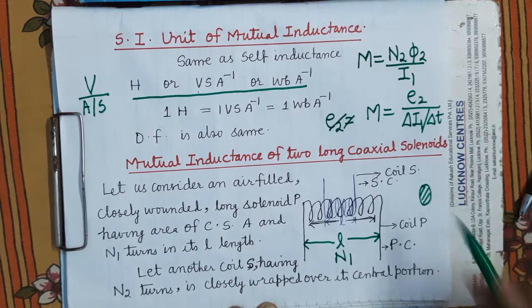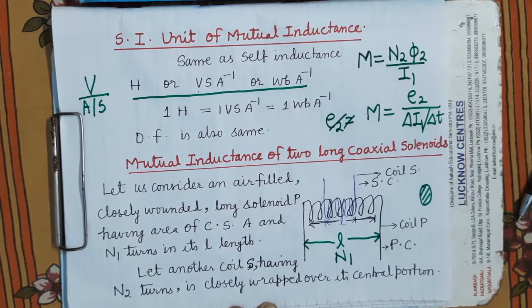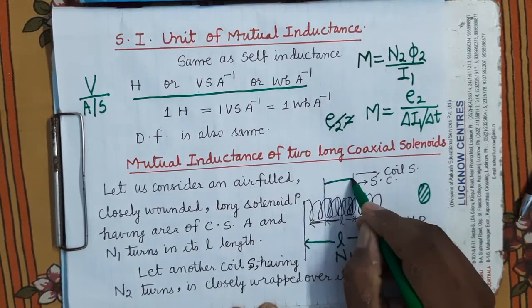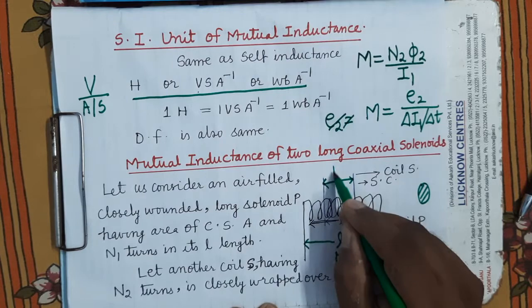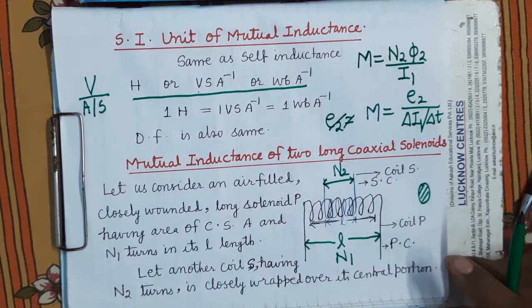Means the area of cross section will be the same. Both the coils have the same area of cross section, and it is wrapped over the central portion. Suppose it has N2 turns.